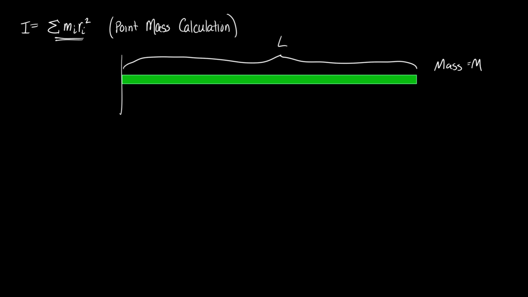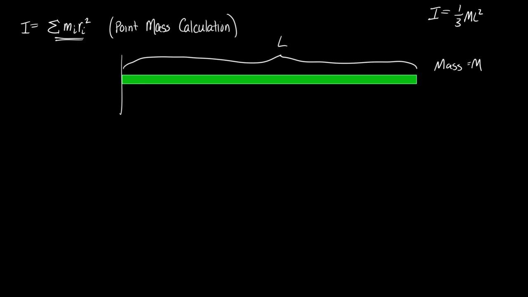So, as an estimate goes, we're going to take this object and break it up into multiple pieces. Now, I'm going to tell you before we get started, the moment of inertia of a rigid rod about one end is 1/3 ML squared. This is the value you get from doing the calculus on the problem. And we'll get to that in a bit, but we're going to see if we can't estimate it using the point mass process.